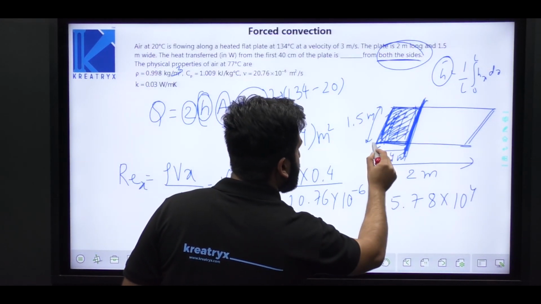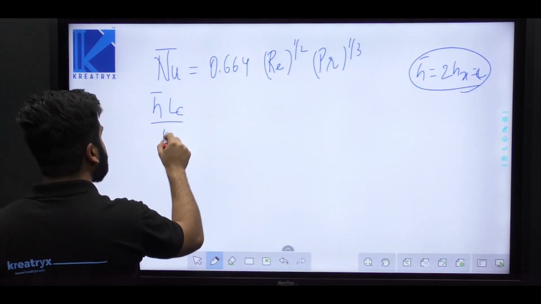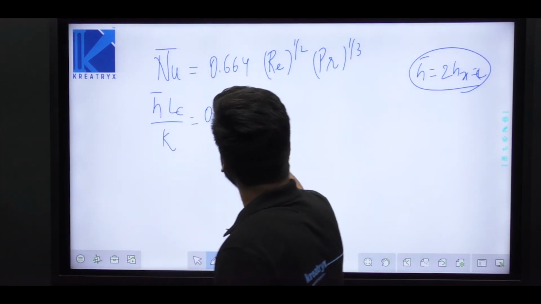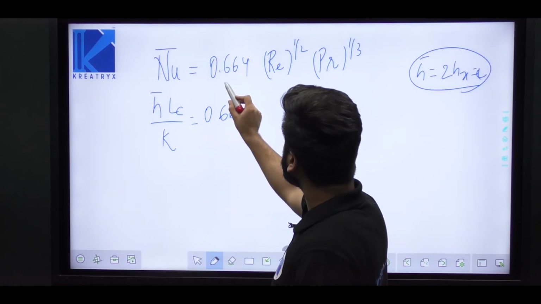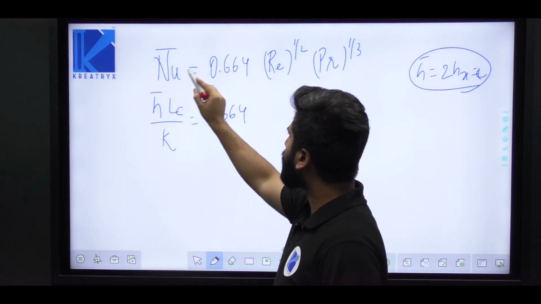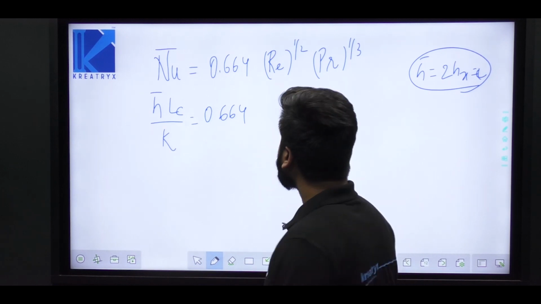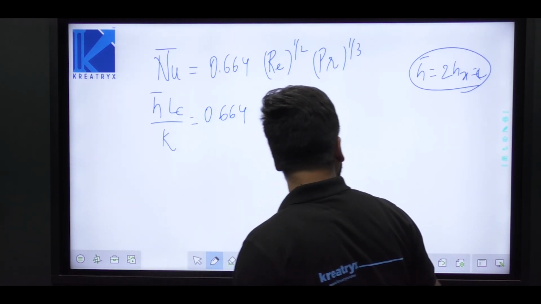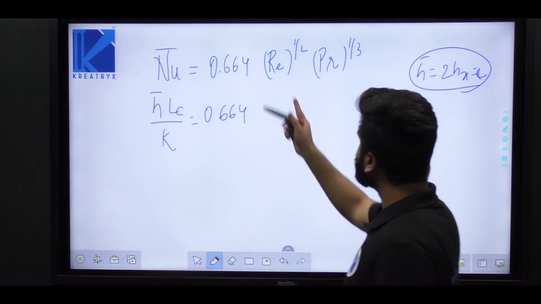So H bar L by K is equal to 0.664. Because for local heat transfer coefficient, this 0.664 is replaced by 0.332, and average Nusselt number is replaced by local Nusselt number. But we need the average heat transfer coefficient over this part, so directly using this relation.